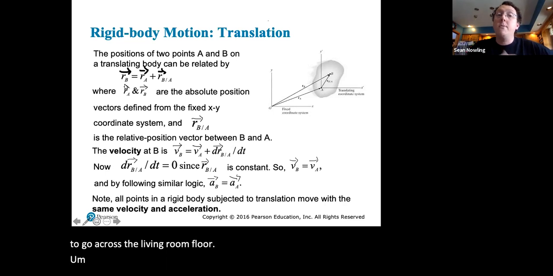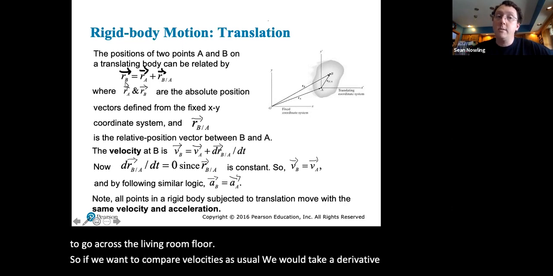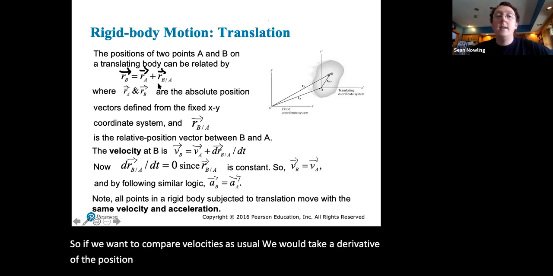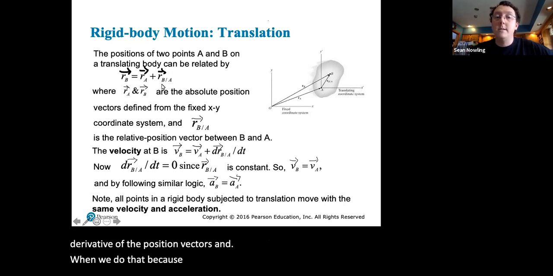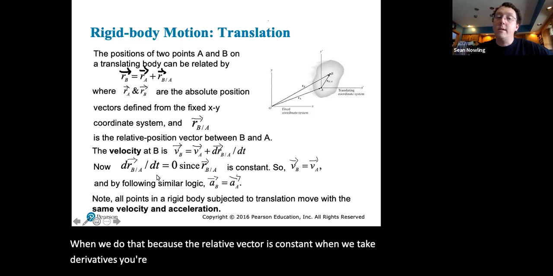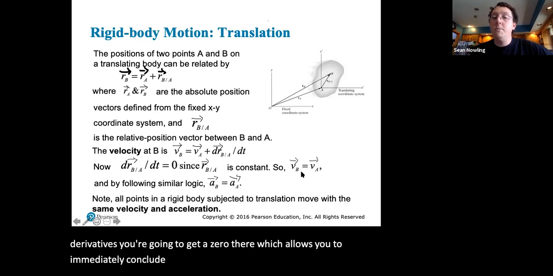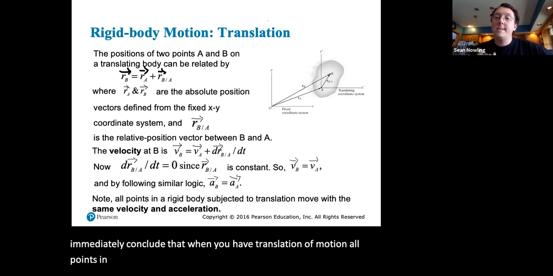If we want to compare velocities, as usual, we would take a derivative of the position vectors. Because the relative vector is constant, when we take derivatives, you're going to get a 0 there, which allows you to immediately conclude that when you have translational motion, all points in the object have the same velocity.